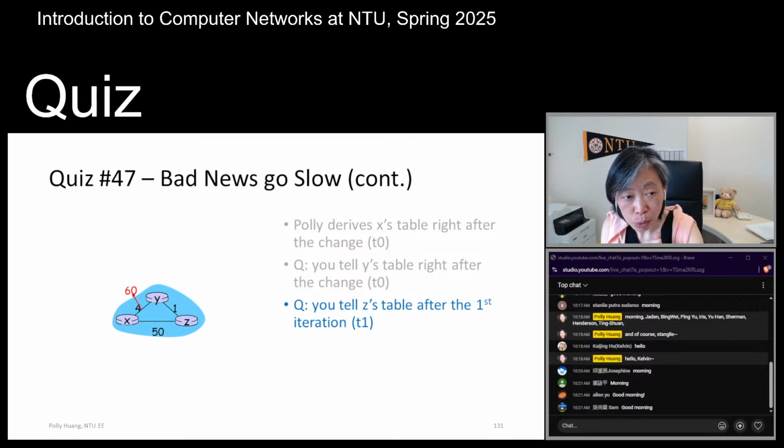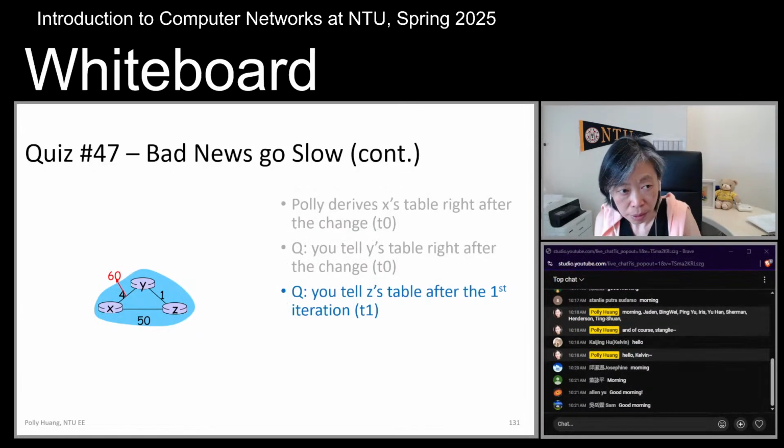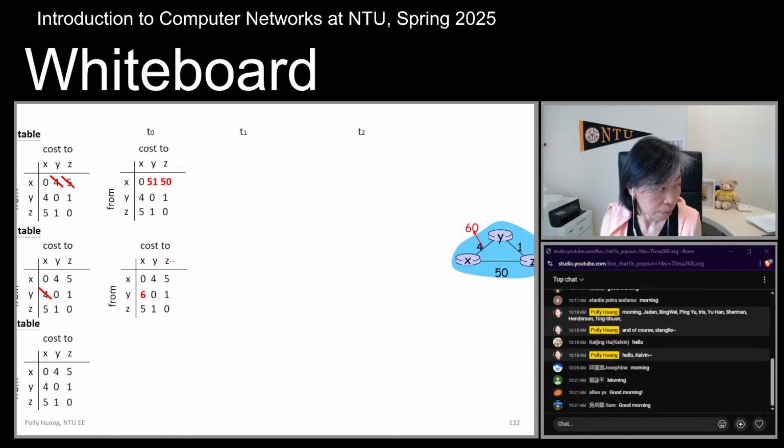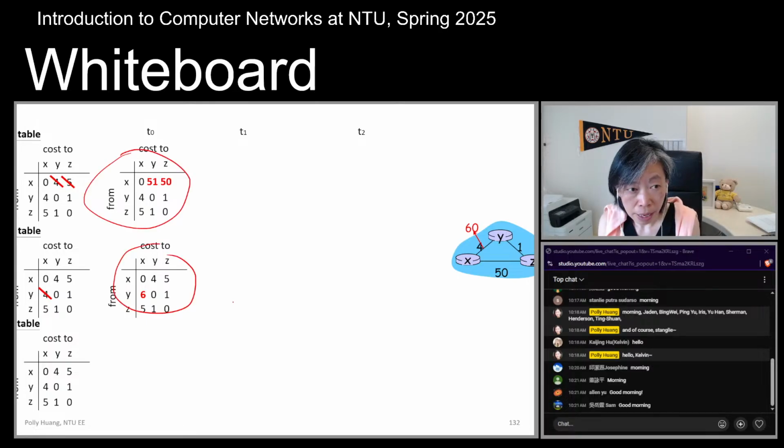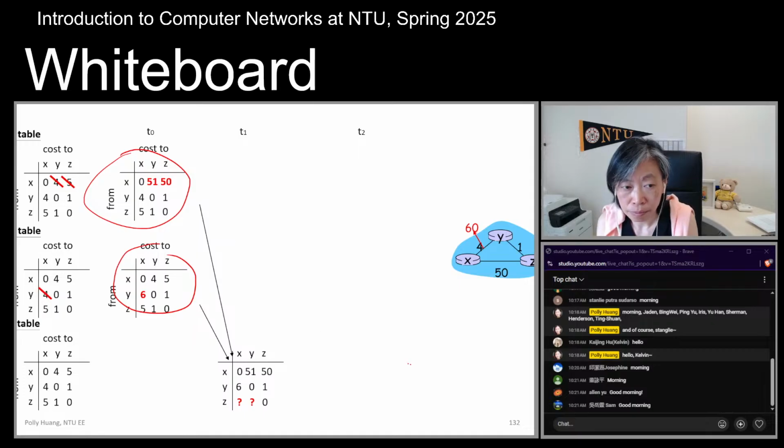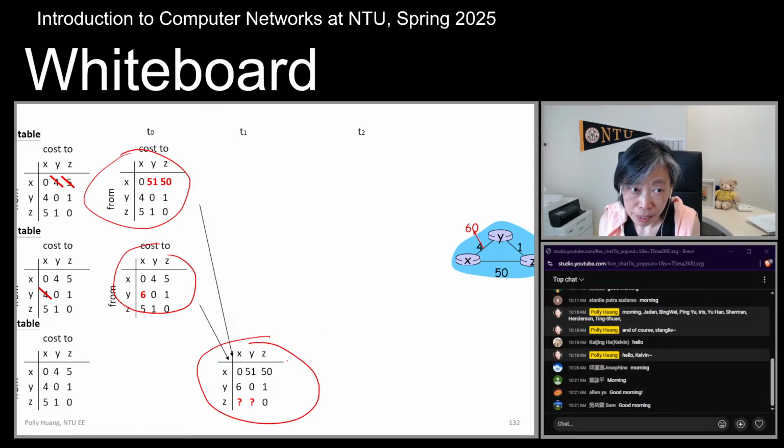And move on to quiz 47. So in 47, it's the same scenario, but you guys are asked to tell Z's table after the first iteration, T1. And that is this. After we get T0's table at X and Y, guys, now work on Z's table at T1.